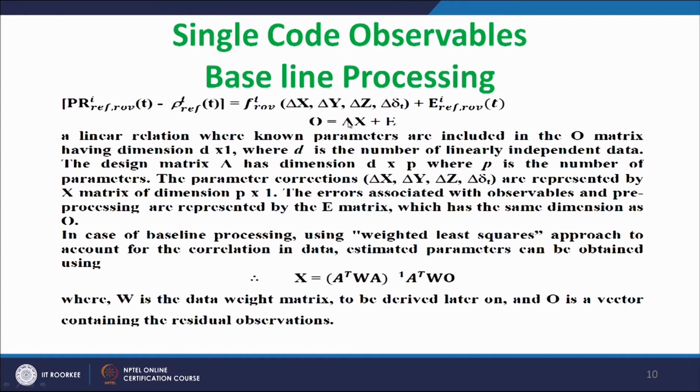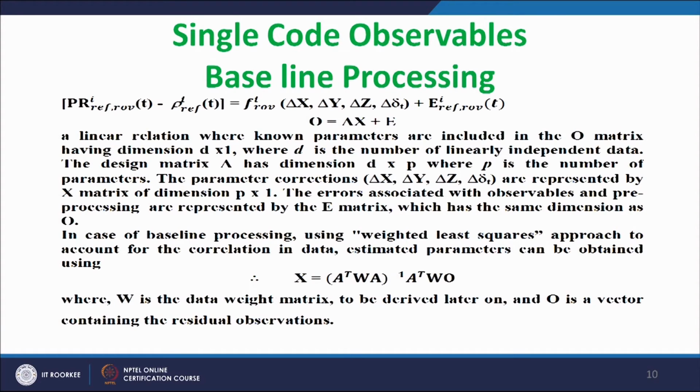So, this is the nonlinear equation that is based on single code GPS observable for baseline processing. Now, since this is nonlinear, in the identical way to what we did in single code point positioning, this nonlinear model first has to be linearized and then we end up with a linear model like this. The only difference is that this x is the baseline parameters.